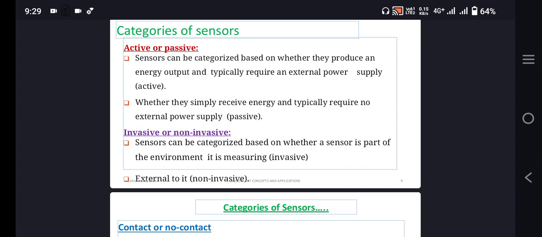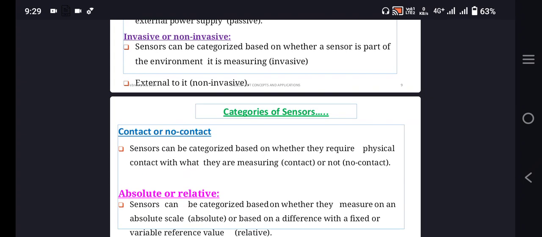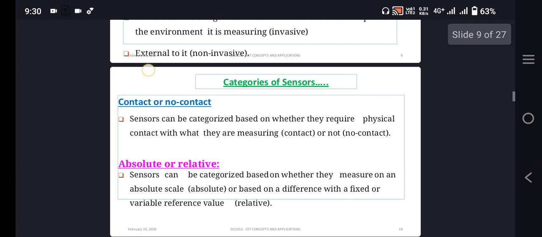Another category is invasive or non-invasive. If the sensor is a part of the environment which is being measured, it is called invasive. If it is external to it, it is non-invasive. Another category is contact or no contact. If they require physical contact with what they are measuring, it is contact. If they do not have any physical contact, it is no contact.